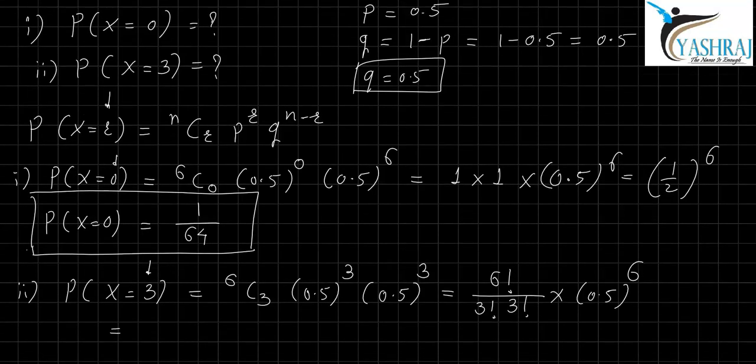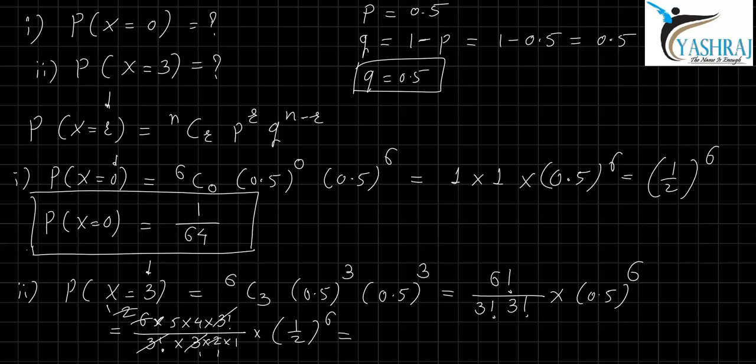Now try to convert 6 factorial in terms of 3 factorial. We have 6 into 5 into 4 into 3 factorial divided by 3 factorial into 3 factorial, which becomes 3 into 2 into 1, into 0.5, that is half to the power 6. So 3 factorial gets cancelled. 3 ones are 3, 3 twos are 6, 2 ones are 2.